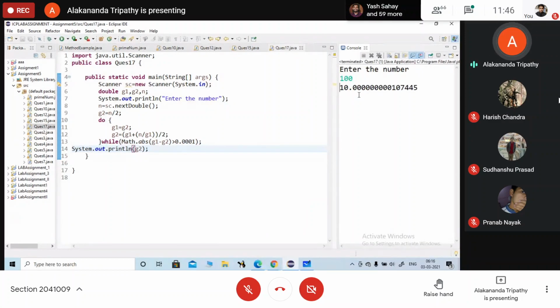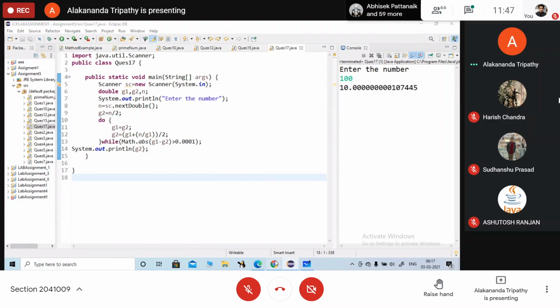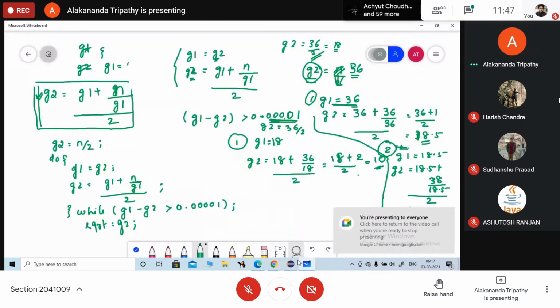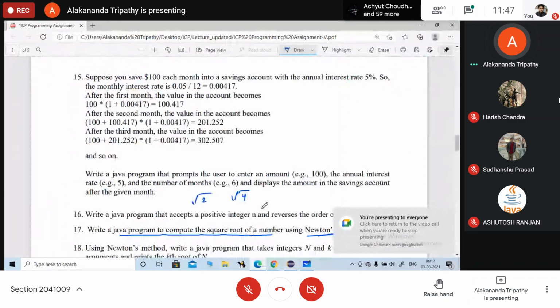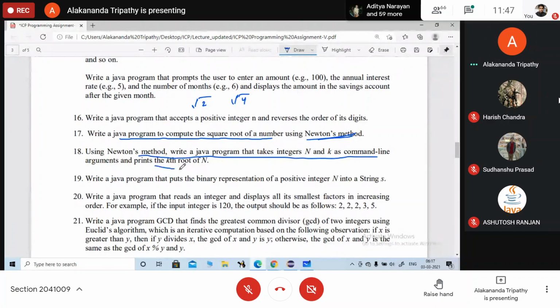We used to write math.sqrt; now what will you write in place of math.sqrt? Or do you know how the math.sqrt function works? Look at what is said here: to find the kth root.